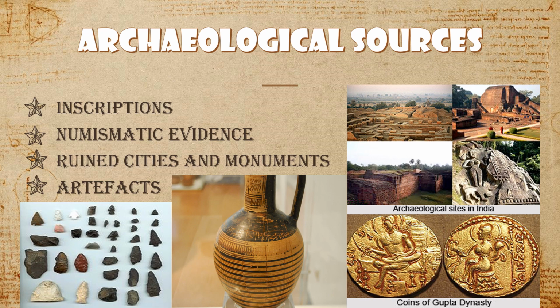But what were inscriptions? They were basically the most authentic sources of ancient Indian history, and they were inscribed on stones and on metals. They were written in very different languages such as Pali, Prakrit, Sanskrit, Tamil, Telugu, etc. It has been noticed that there are two types of scripts which were in practice in writing inscriptions: Brahmi and Kharoshthi.